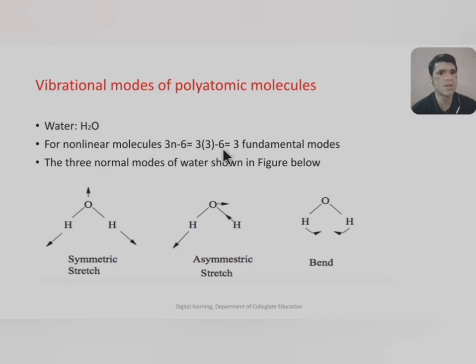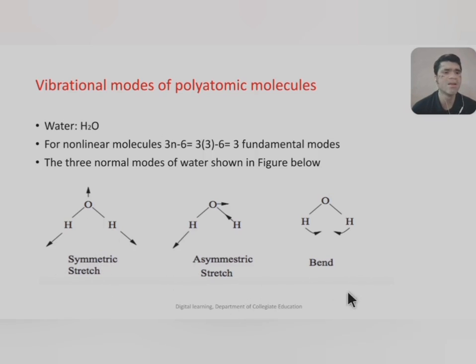3 into 3 minus 6 is equal to 3 fundamental modes of vibration. So here one is symmetric stretching, this is asymmetric stretching, and this one is bending. Two types of vibrational modes will be present: stretching and bending. In stretching, symmetric stretching and asymmetric stretching will be there.